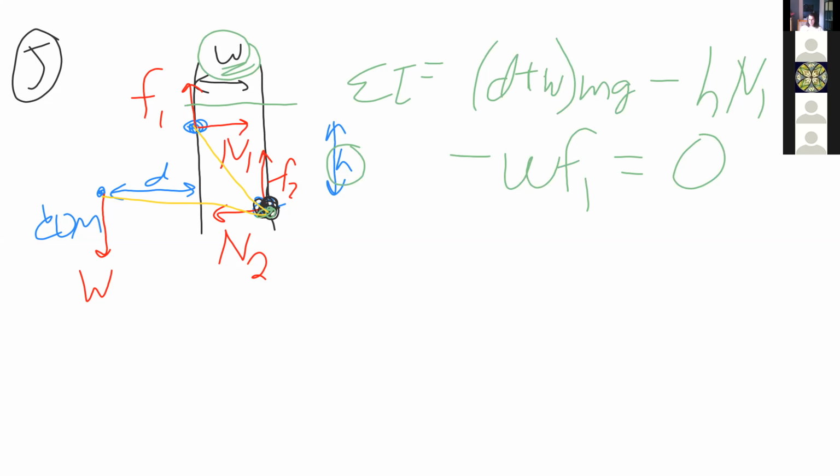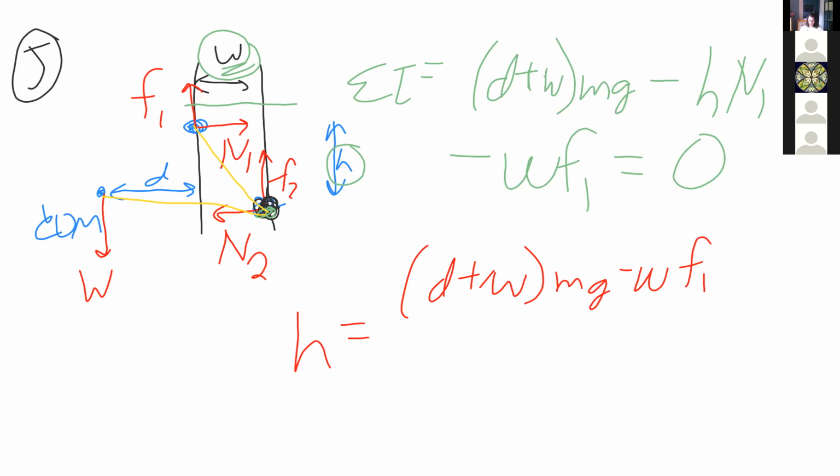Now, we've already found the normal force in part 1, and we just need to replace our force of friction. If we solve for h here, we'll get that h is equal to d plus w times mg minus w times force of friction 1, divided by normal force 1.